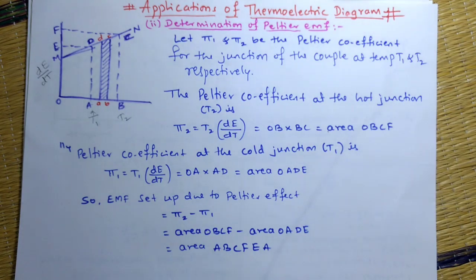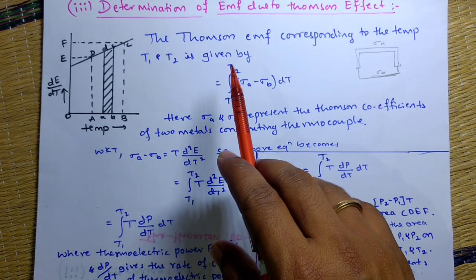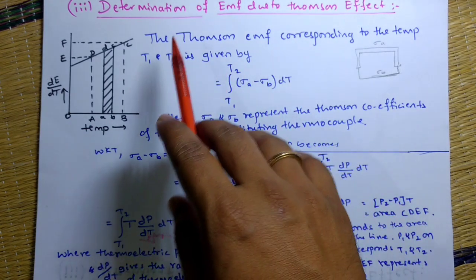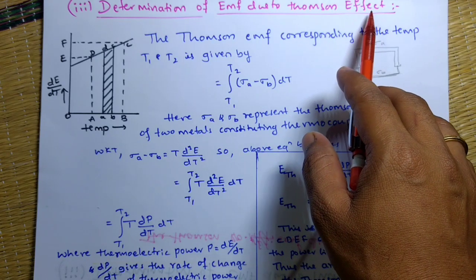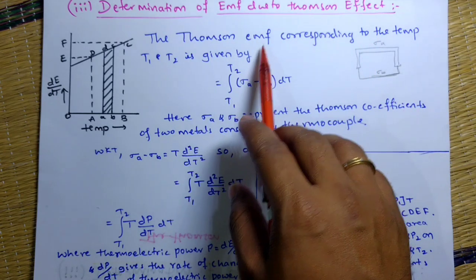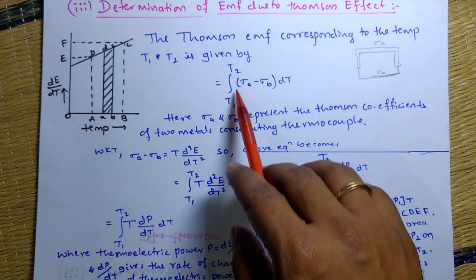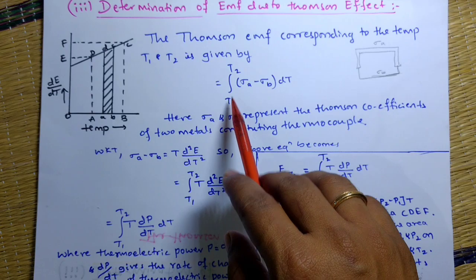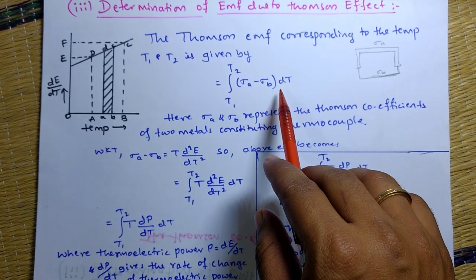Okay, the next application of the thermoelectric diagram is the determination of the EMF due to the Thomson effect. The Thomson EMF corresponding to the temperatures T1 and T2 is given by the integral from T1 to T2 of sigma A minus sigma B into dT, right?